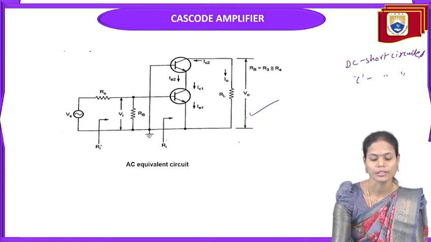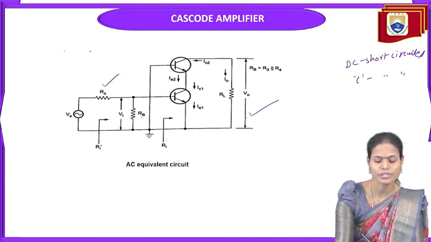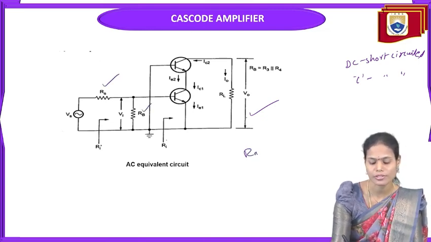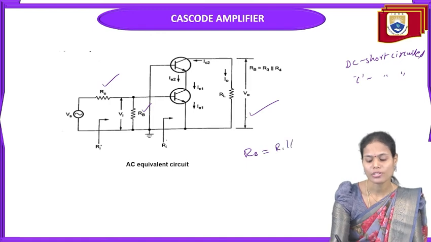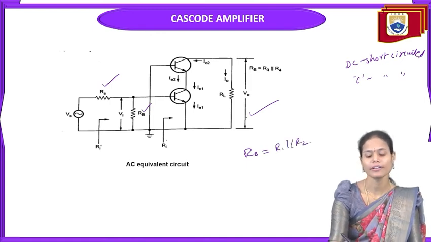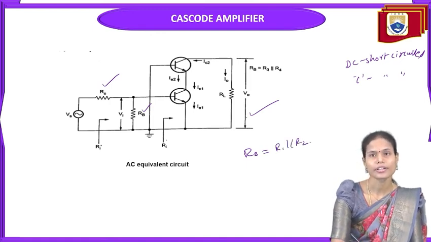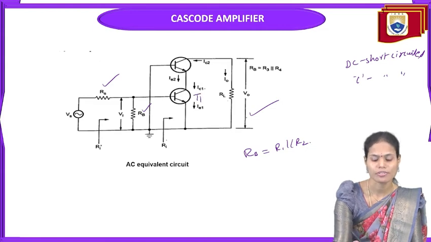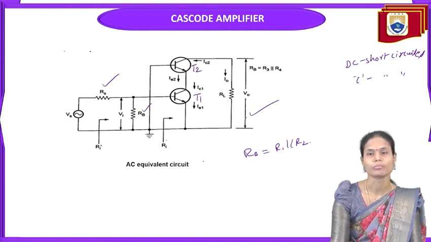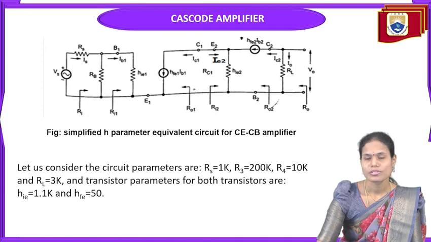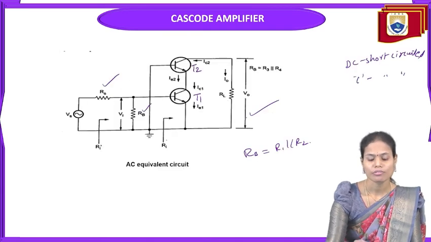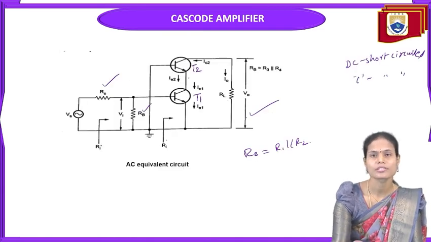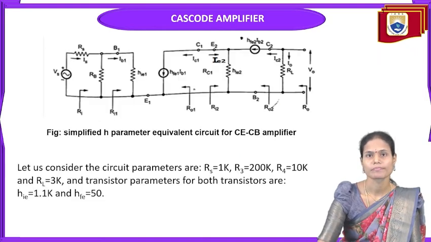So this is the equivalent circuit, and it consists of the source resistance and the RB resistance. RB here is the parallel combination of R1 and R2, and the load resistance RL is connected to the second stage. This is stage 1, T1, and this is stage 2, T2. This is the h parameter equivalent circuit of this one. Both the transistors are replaced with hybrid equivalent models.